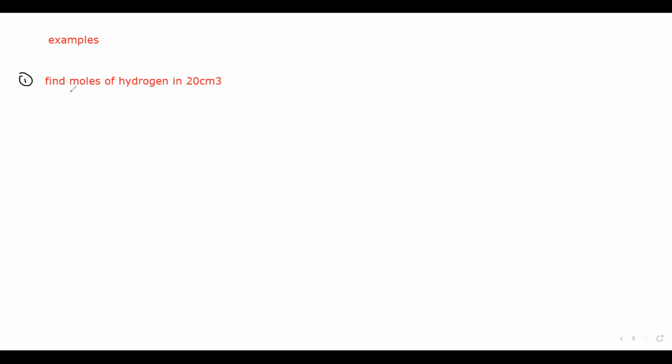So we have the formula moles equal volume divided by 24. But keep in mind this is only for gases. The volume is in cm cube, so I have to convert into dm cube. So I should divide by 1000. So this will be 0.0.